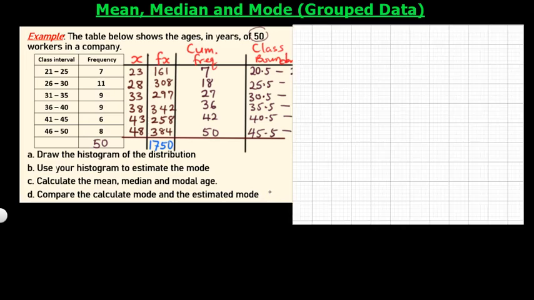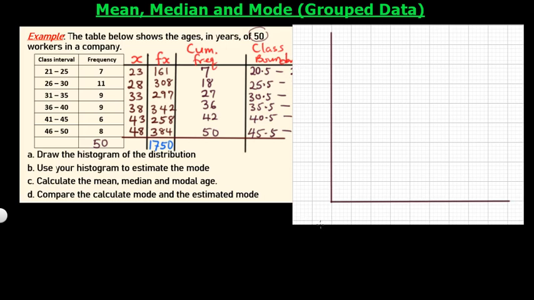We'll bring in our graph. We'll be plotting the frequency against the class boundary. So we'll draw the graph. Let's make it this way. So let me quickly label that.